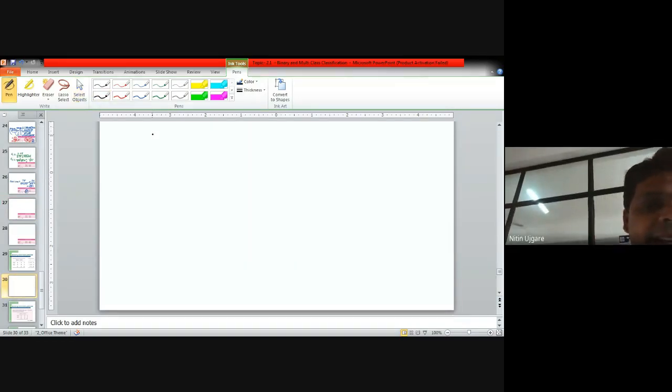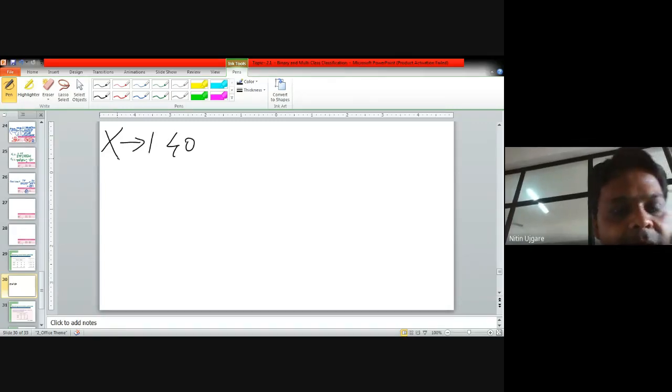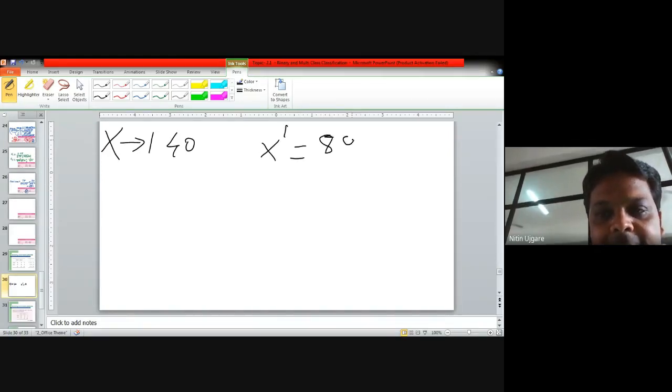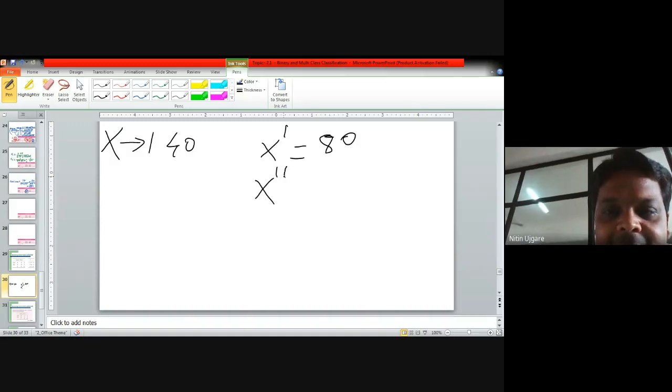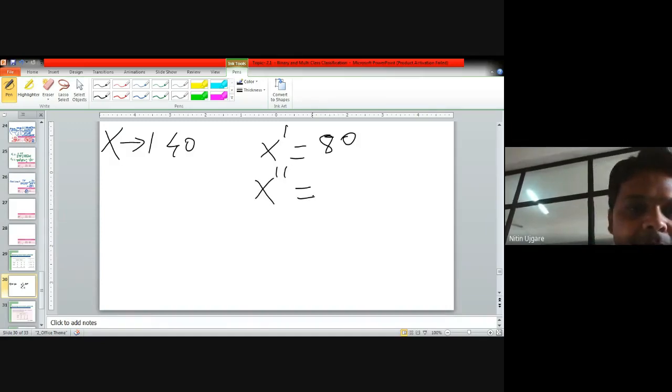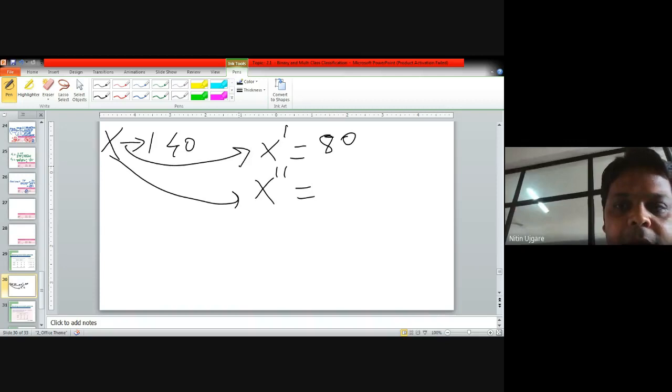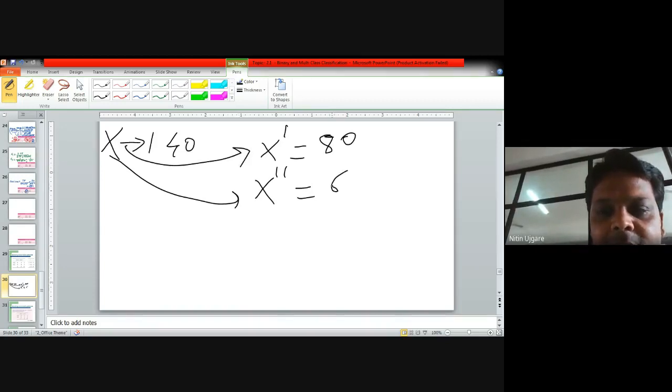Let's say that I have 140 instances in my data set. The data set I represent with X. Now I have split this data set into two groups. Let's say X dash has 80 instances, and X double dash is the other subset of the same data set, which has the remaining instances.